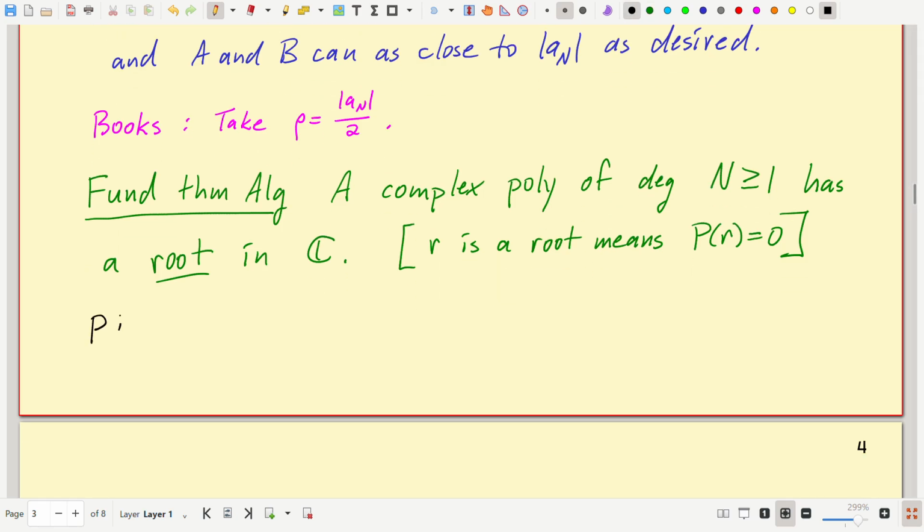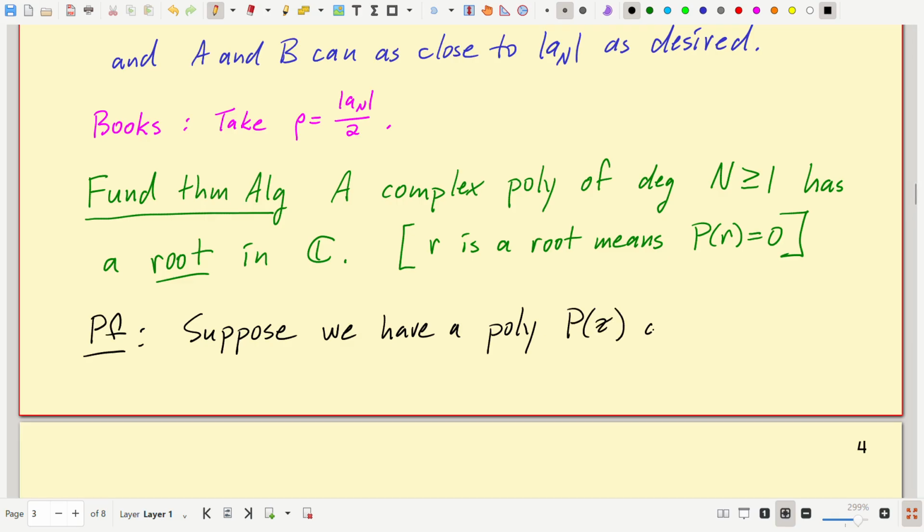And the proof: suppose it doesn't have a root. Suppose we have a P of degree n with no roots.